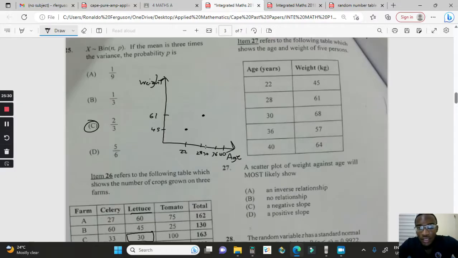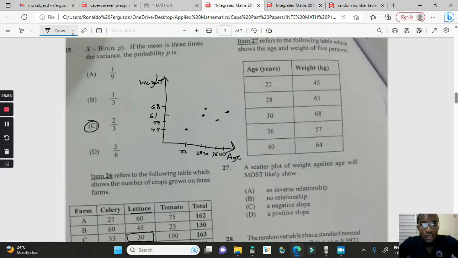Then at 30, the weight got to 68. Then at 36, the weight drops to 57. And then at 40, the weight is 64.